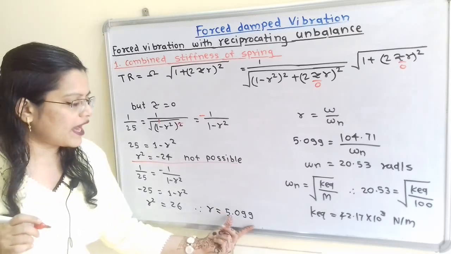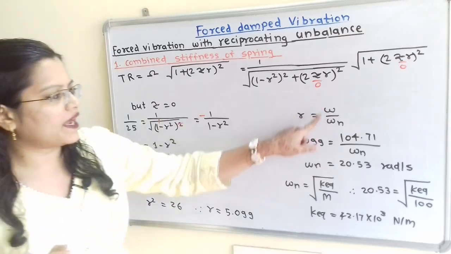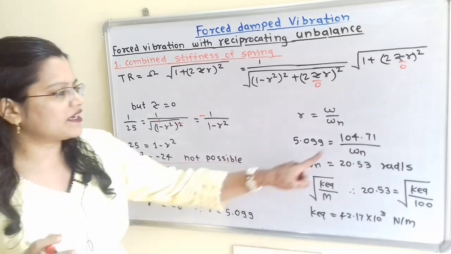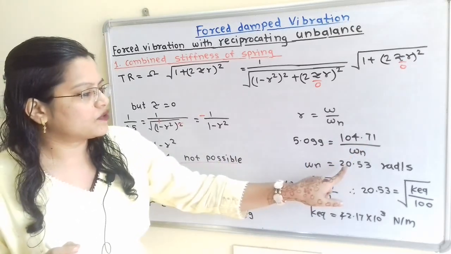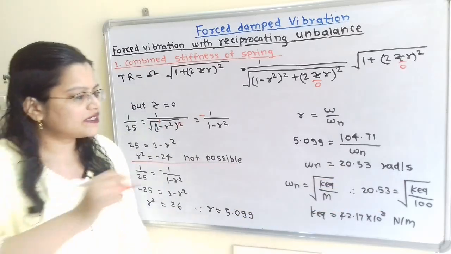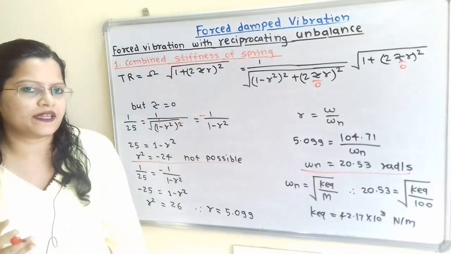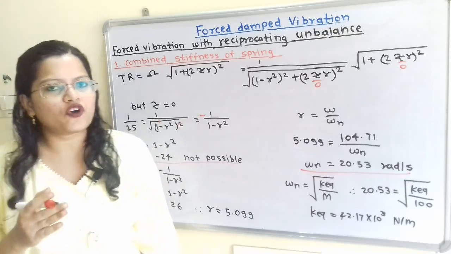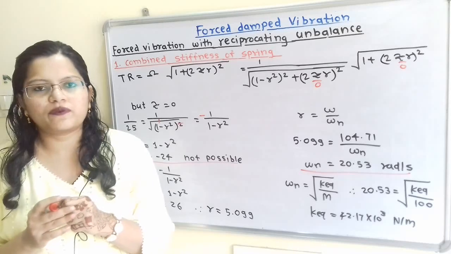So value of r, that is nothing but the frequency ratio omega by omega n. Now we know the value of omega that we have calculated, 104.71. So omega n is equal to 20.53 radians per second. So this is the natural frequency. Now how to calculate this omega n? We can also calculate omega n by using the formula in terms of spring stiffness and mass.